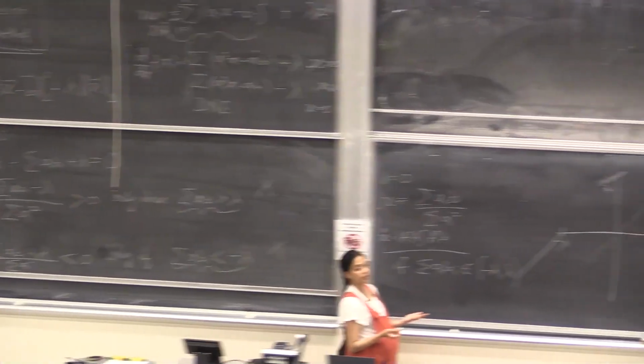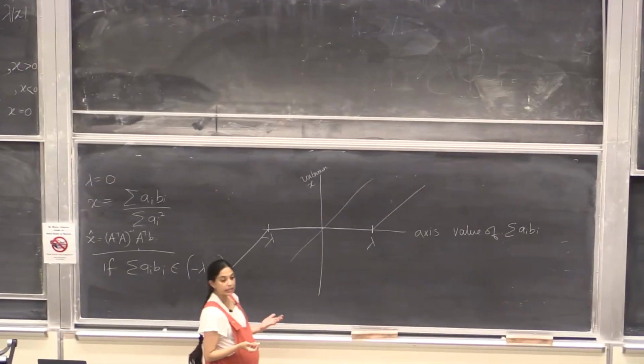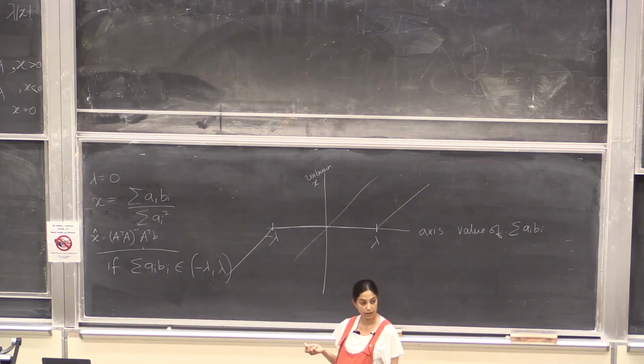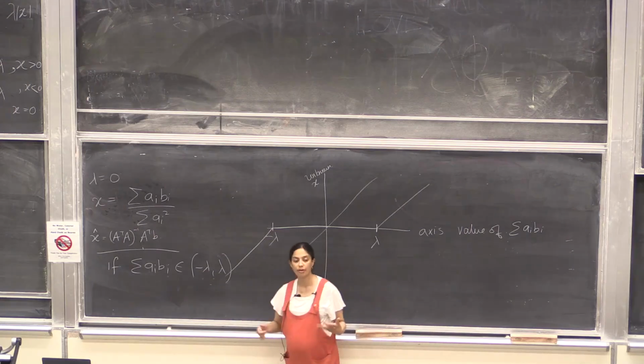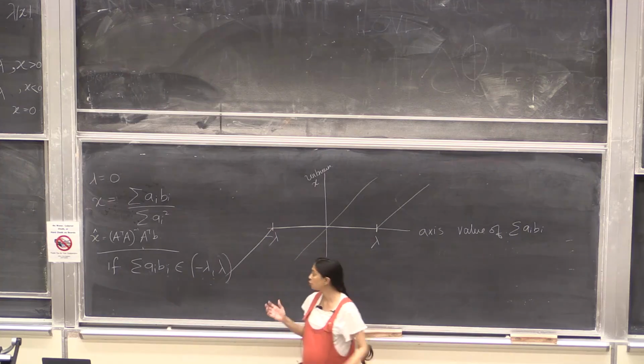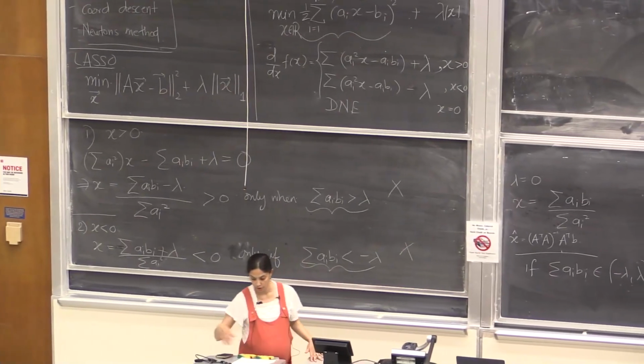Therefore, the only option that remains is that x is equal to 0. This is the core of how you solve, coordinate by coordinate, any vector lasso problem. And this is why we talk about lasso as getting to sparse solutions.